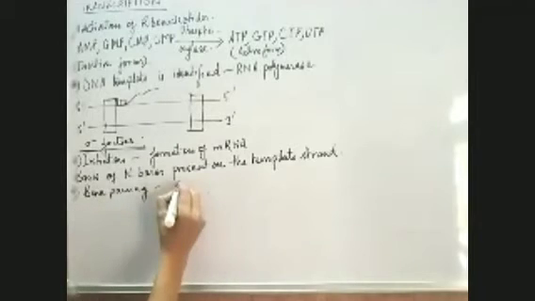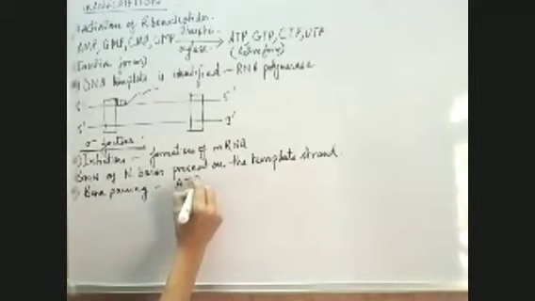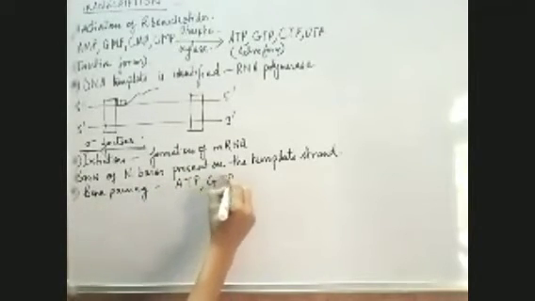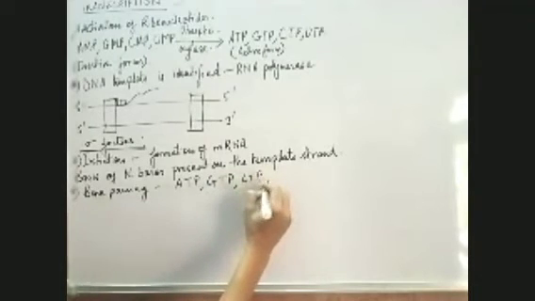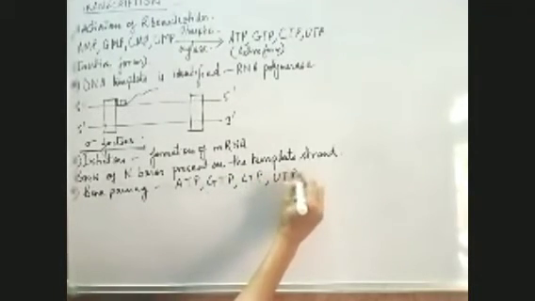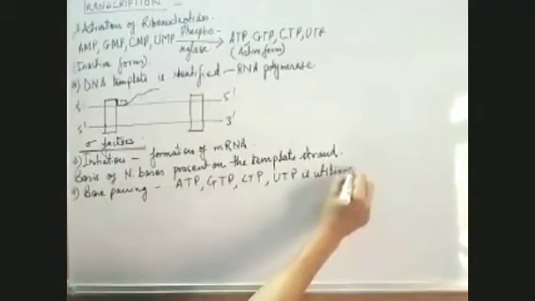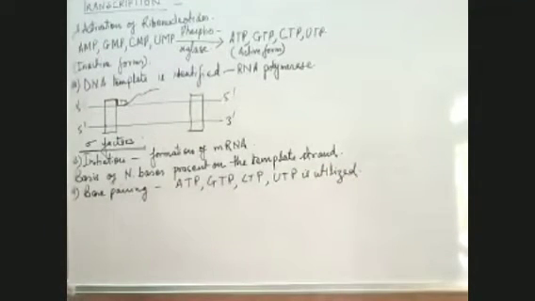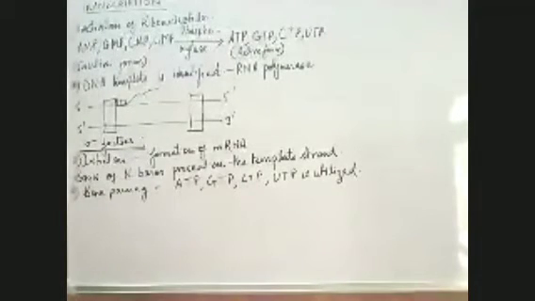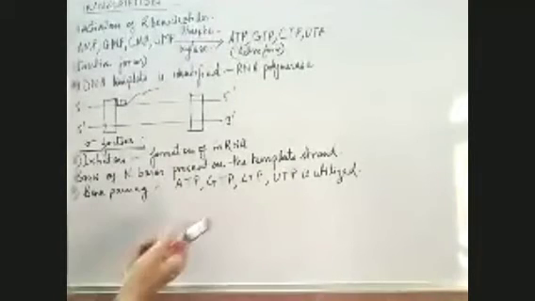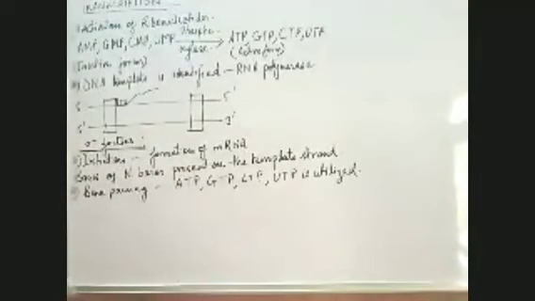During base pairing, ATP, GTP, CTP, UTP is utilized. This is utilized in the process of base pairing, and this takes place where? In the nucleoplasm, of course, the complete process.